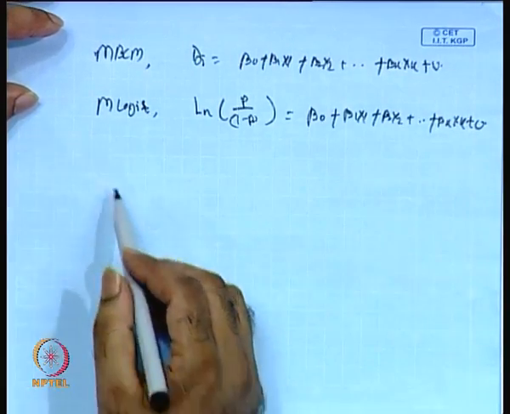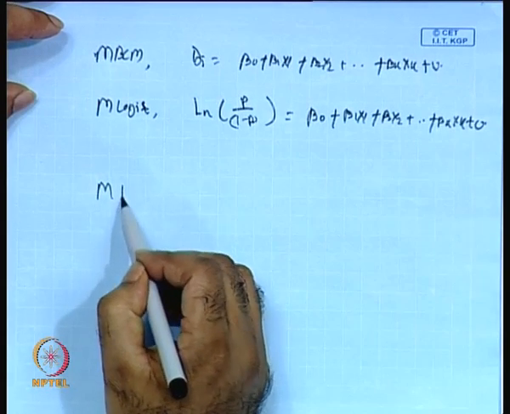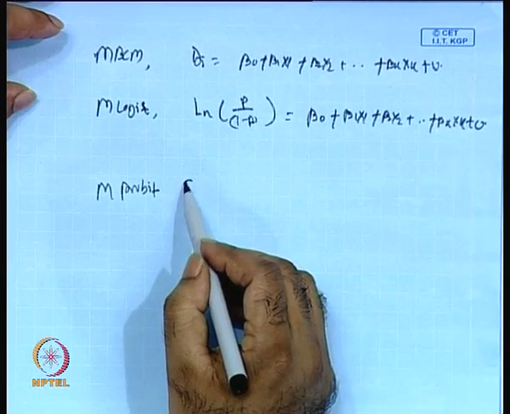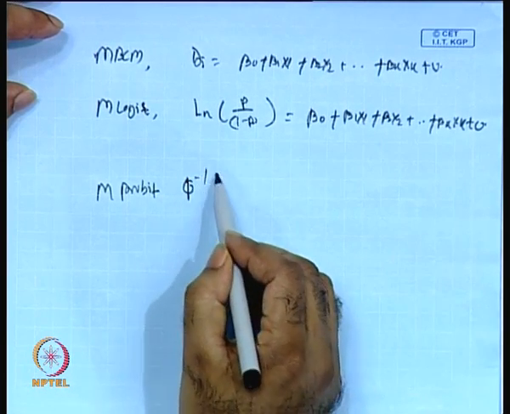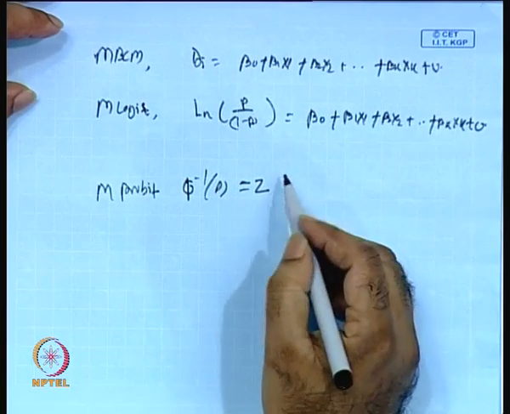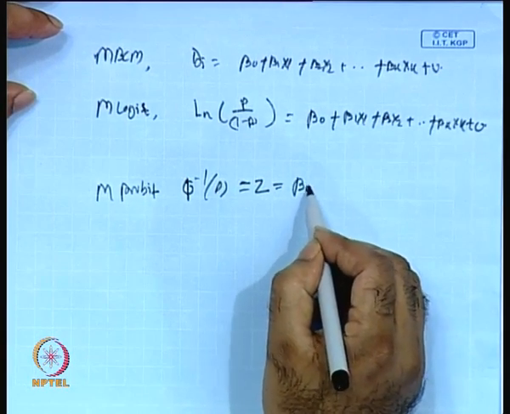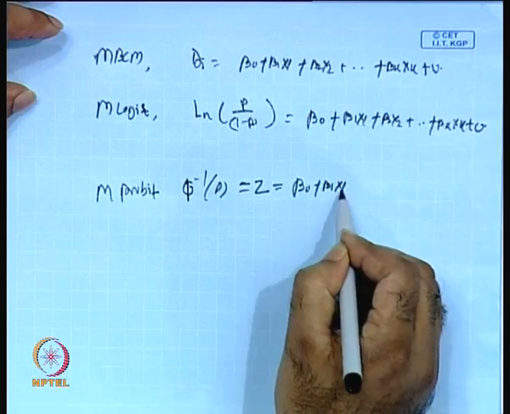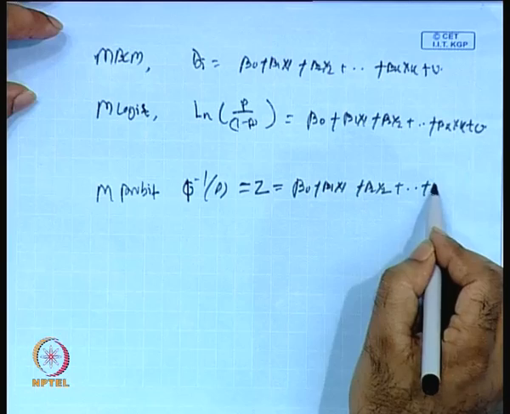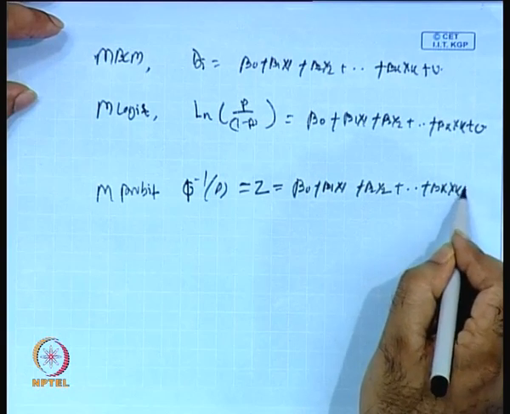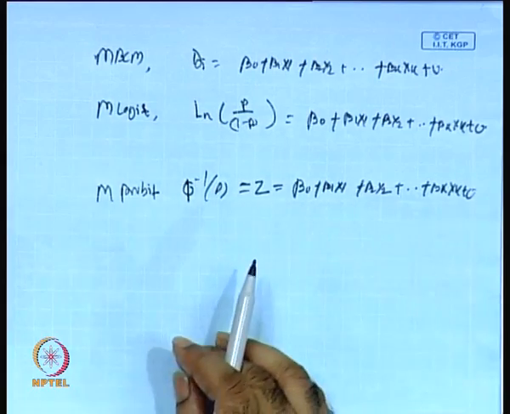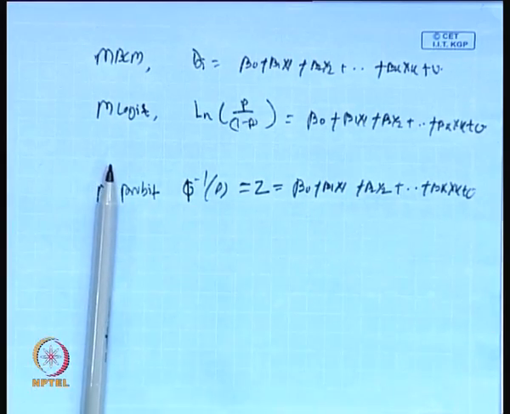Okay. Similarly, in the case of multivariate Probit models, we will have inverse p equal to, or we will call it z, then z equal to beta 0 plus beta 1 x 1 plus beta 2 x 2 plus beta k x k plus u. Okay. So, this is how the model works.